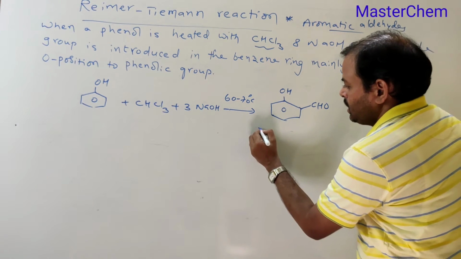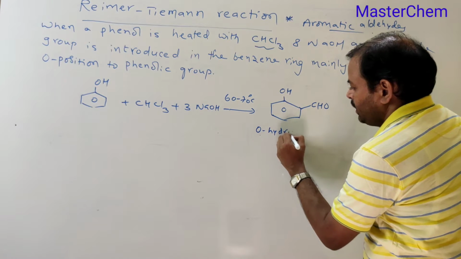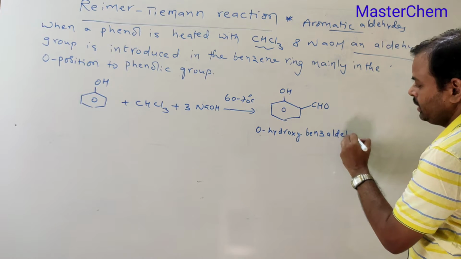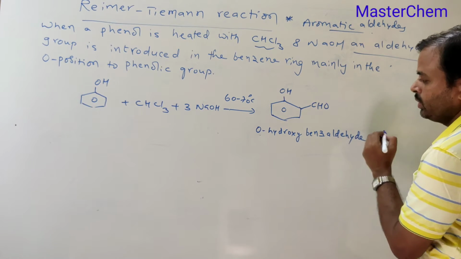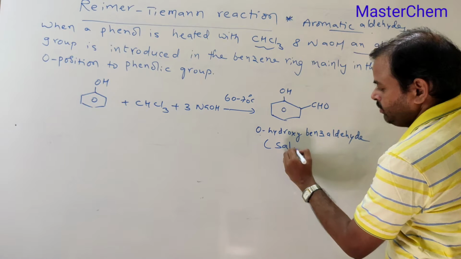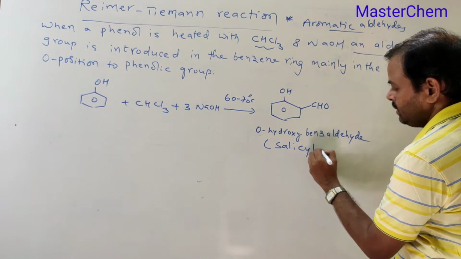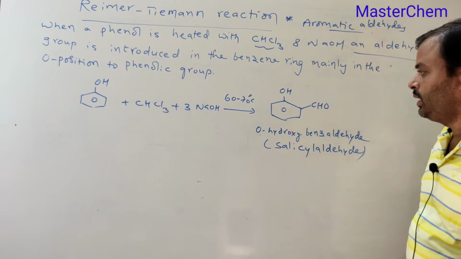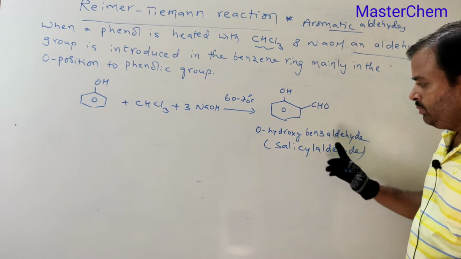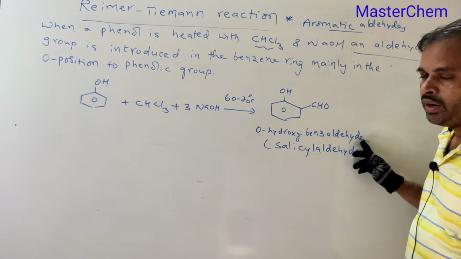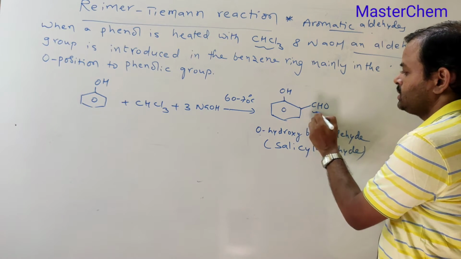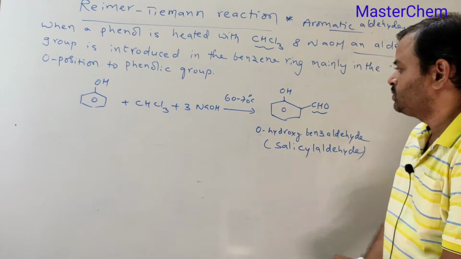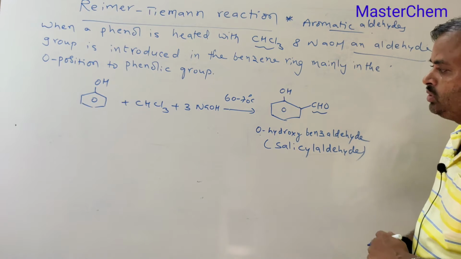So this is ortho-hydroxybenzaldehyde. Its very familiar common name is salicylaldehyde. The aldehyde group is introduced at the ortho position to the phenolic group, that's why it is ortho-hydroxybenzaldehyde.